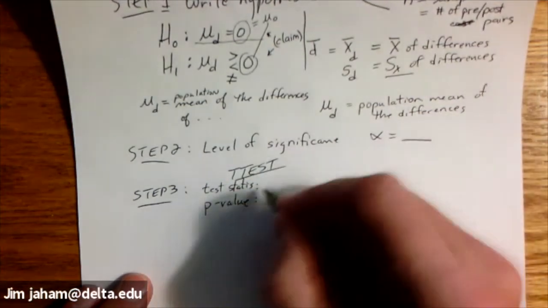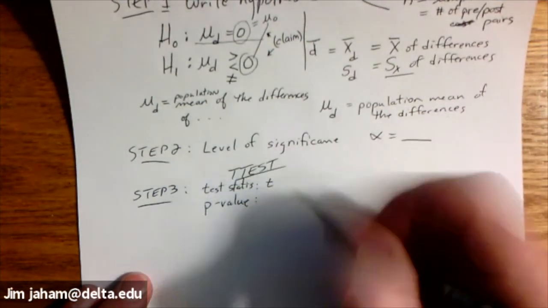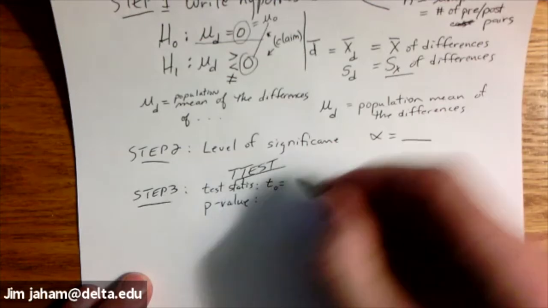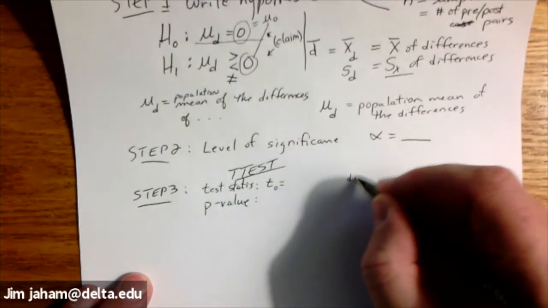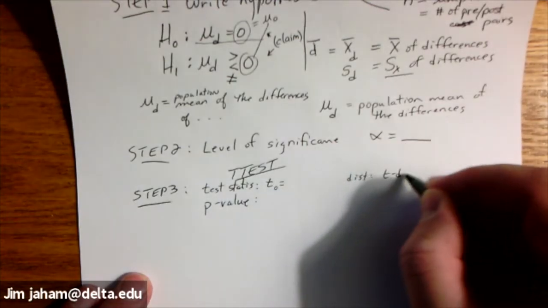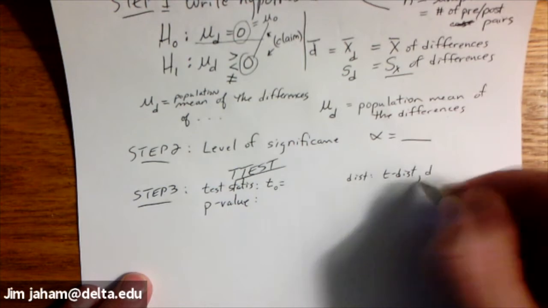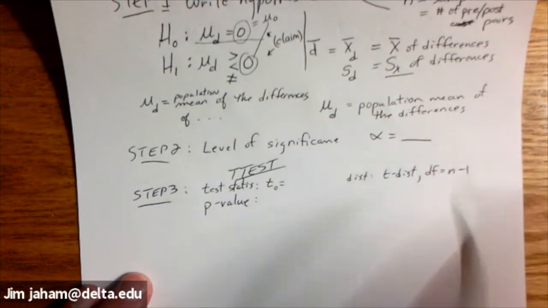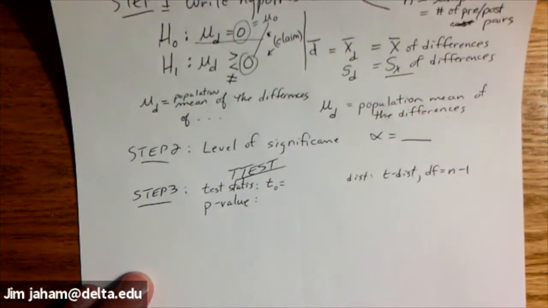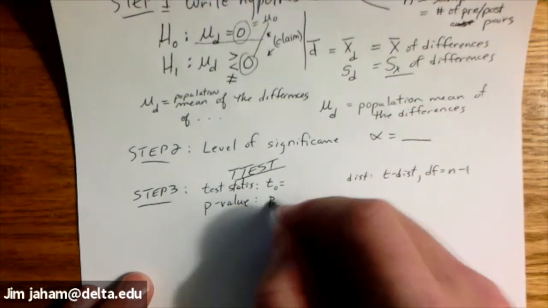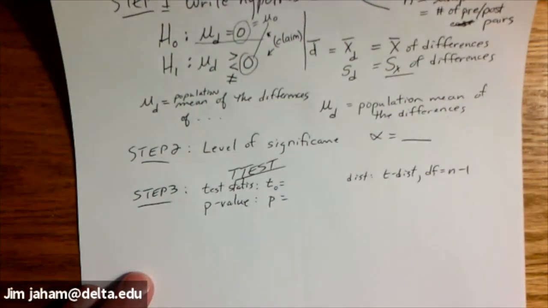The test statistic is going to be a t-test statistic. The distribution is going to be the t-distribution with degrees of freedom equal to n-1. It's the same exact thing that we did with the t-test before. And then you've got the p-value that it'll print out as well.